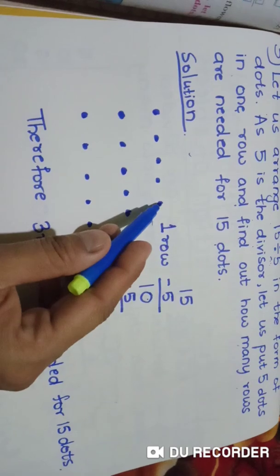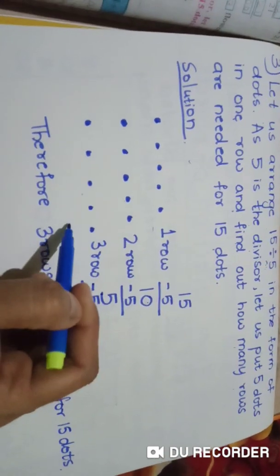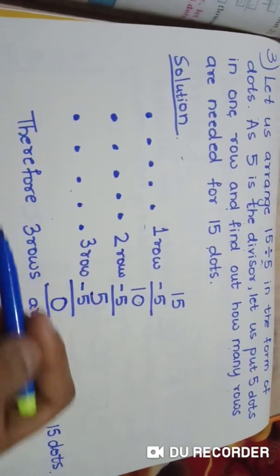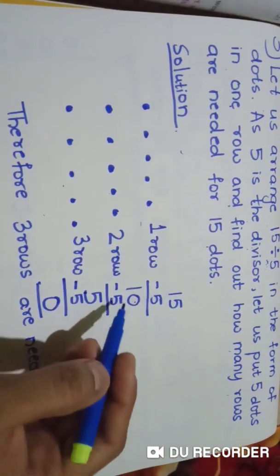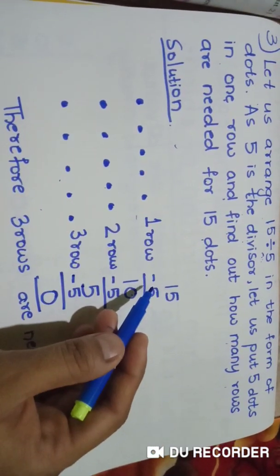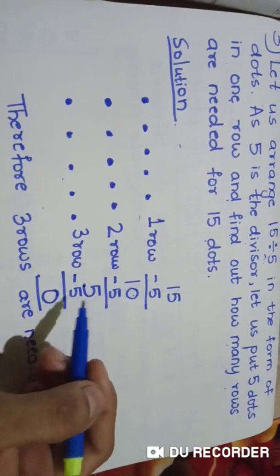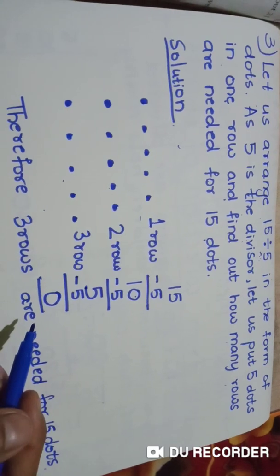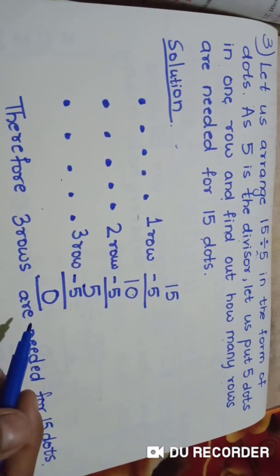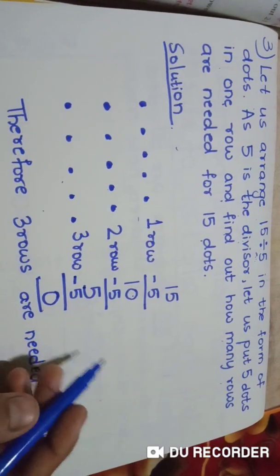Therefore, how many rows were formed here? Total 3 rows. And also, division is also called repeated subtraction. See, the same number is subtracted again and again till we get 0. As we have seen in multiplication, multiplication is also known as repeated addition.